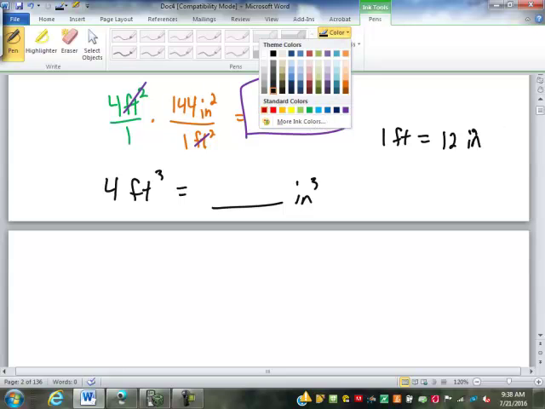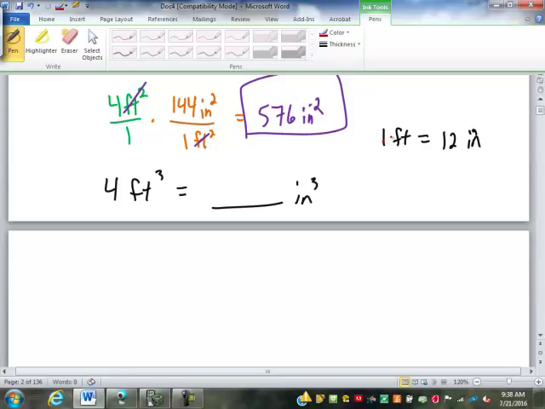It's cubed this time. So 1 cubed is 1. A foot cubed is just a cubic foot or a foot cubed. What's 12 cubed? 1,728. And an inch cubed is an inch cubed. So 1 cubic foot equals 1,728 cubic inches.